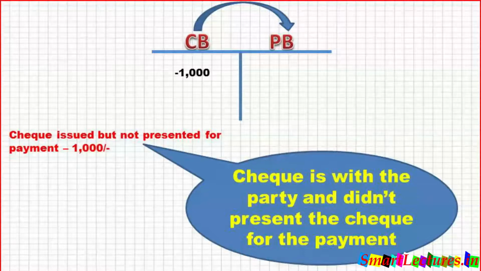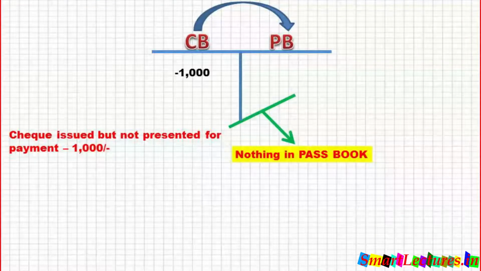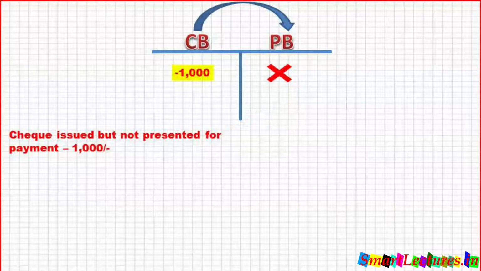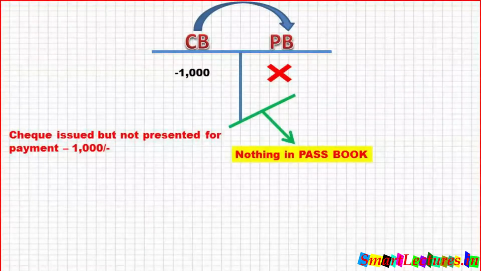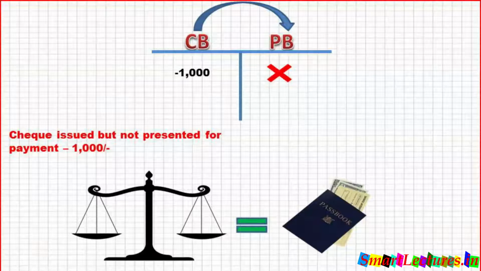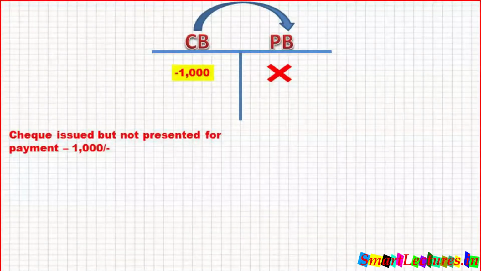It means there is nothing in the passbook, that is cross. Now the problem is 1,000 is minus in the cash book and there is nothing in the passbook. We have to make the balance equal to the passbook, meaning at present the cash book is showing 1,000 minus but the passbook is showing 0.